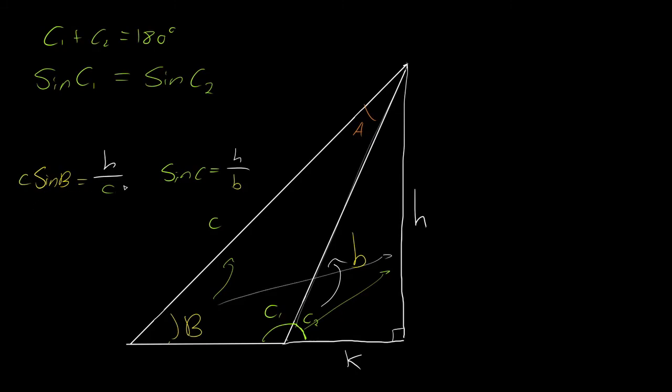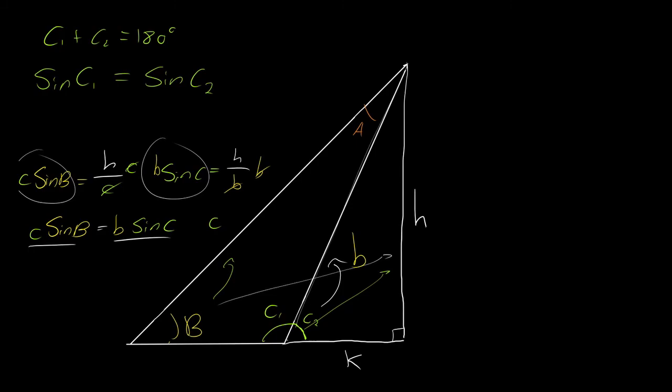And let's multiply both sides by c. And over here, let's multiply both sides by b. And we notice that both these are equal. So we're going to get c sine B is equal to b sine C. Once again, we're going to divide both sides by c.